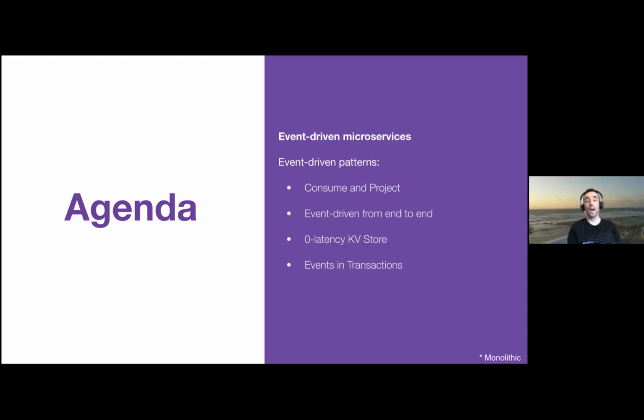And then we'll see how we can actually perform event processing in our microservices, but with the guarantee of exactly once processing. So we can make sure that for high-risk operations, there is no data corruption.